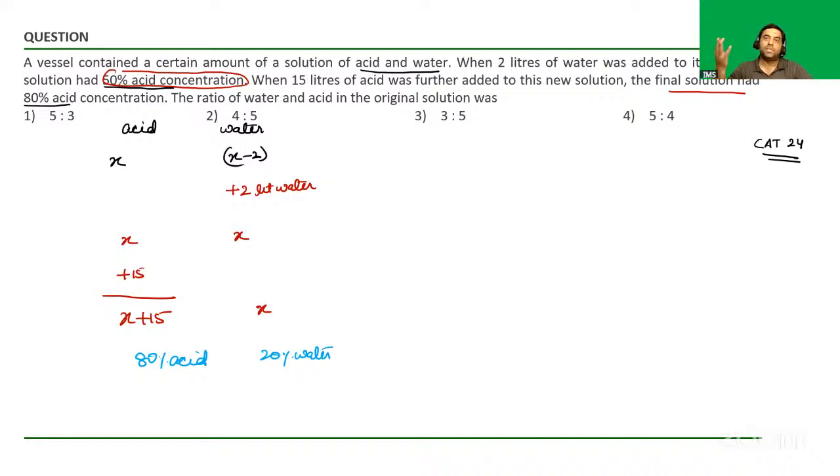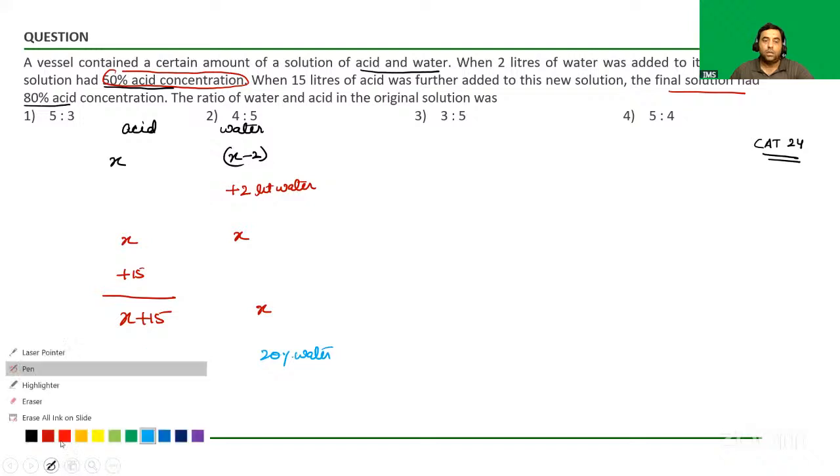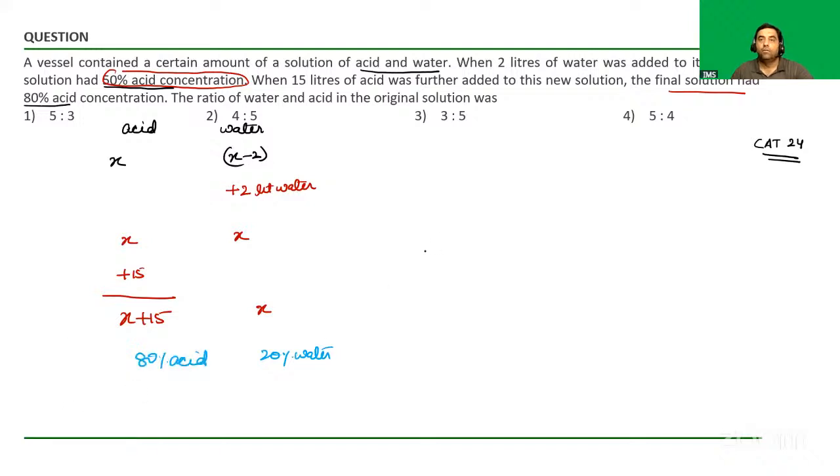Now, one way is to say okay, 80% of the total solution is going to be acid, and then solve it. But my aim is also to solve this question in a lesser span of time. Can I say the amount of acid to the amount of water is going to be 4:1? Because acid is 80% of the total volume, while water is 20%.